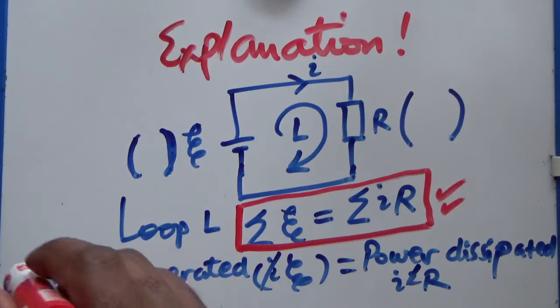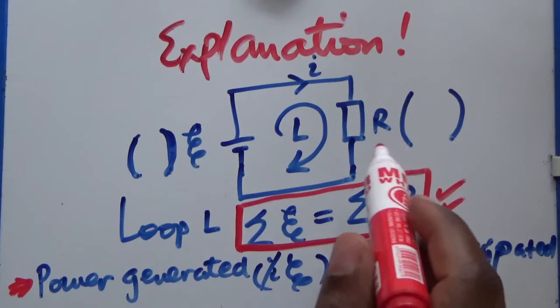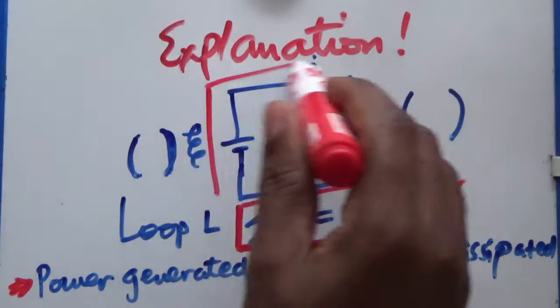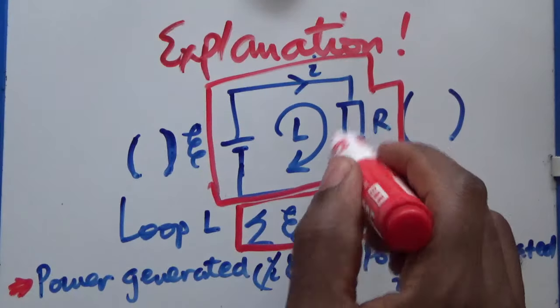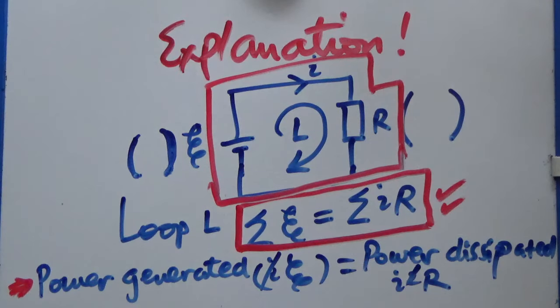Because whatever we generate in this loop is what will be dissipated here. Nothing will be lost, nothing will go anywhere. Just like when you eat food, you have to do exercise to use the food, or it will be dumped on your body as fat.